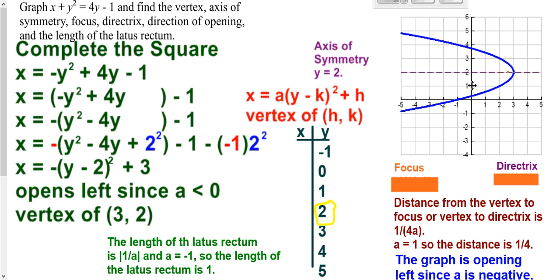A second way to do it is to use the pattern of 1, 3, 5, 7, and so on. So I'm at my vertex, 3 to the right, 2 up. If I go up 1, I need to go left 1. Up 1, I need to go left 3, because I'm using the pattern of 1, 3, 5, 7. Then if I go up 1, I'd have to go left 5.